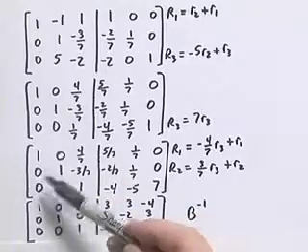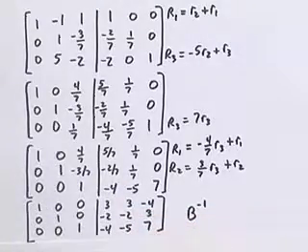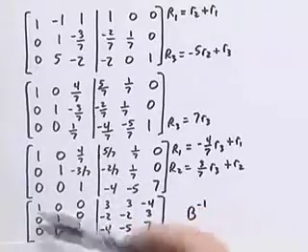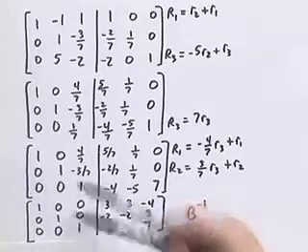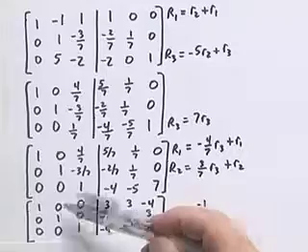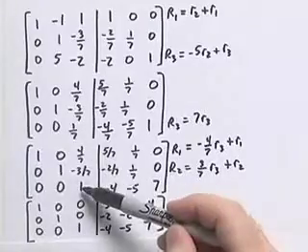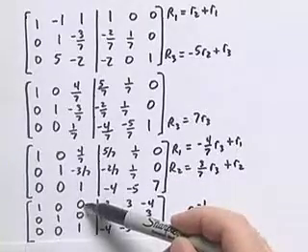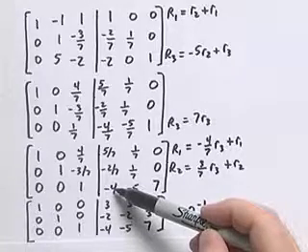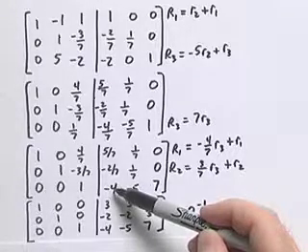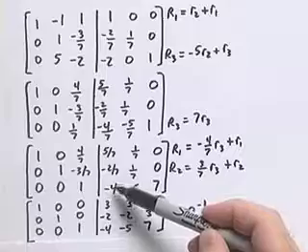Negative 4/7 times 0 is 0, plus 1 gives us 1. Negative 4/7 times 0 plus 0 is still 0. Negative 4/7 times 1 plus 4/7 gets us 0. Negative 4/7 times negative 4 is going to give us a positive 16/7.